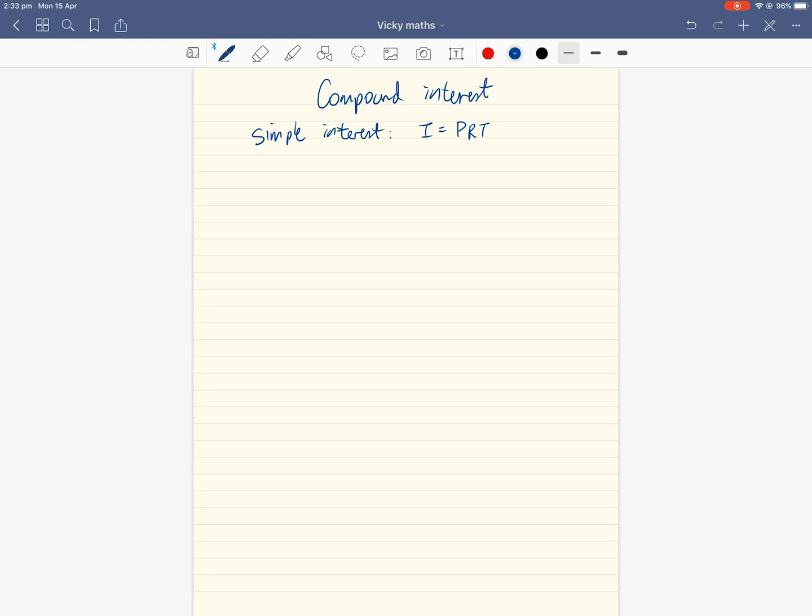When we looked at simple interest, the interest is a fixed amount every year or every time period, and the amount of interest depends only on the principal, the initial amount.